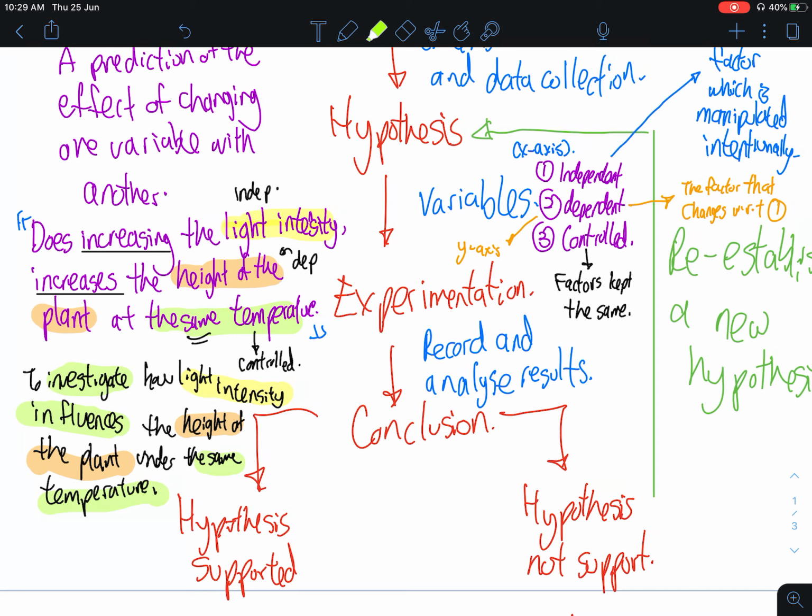But do take note that for experimentation, the recording and analyzing of results comes with coming up with tables, coming up with a graph, and to conclude, to give the trend, what do you expect the observation should give you. Okay, now why are we doing this?